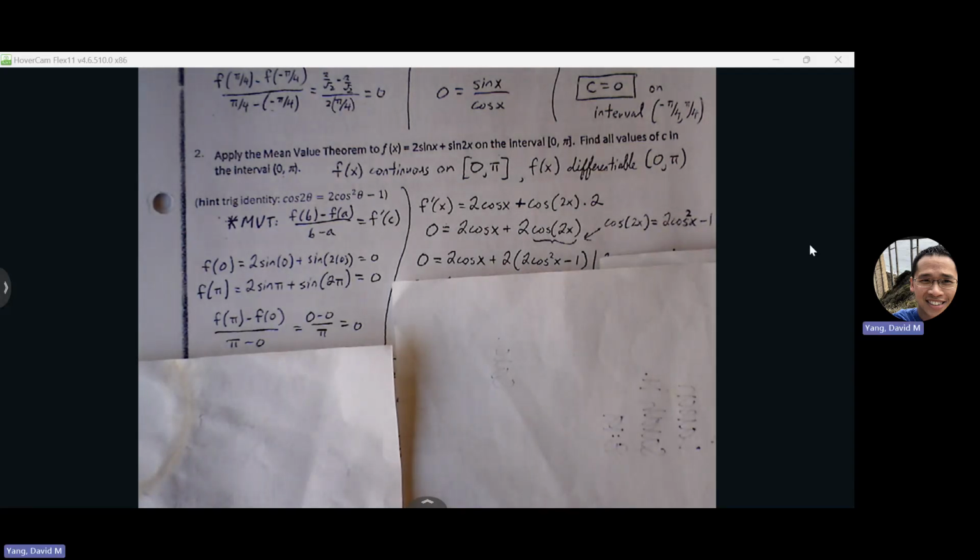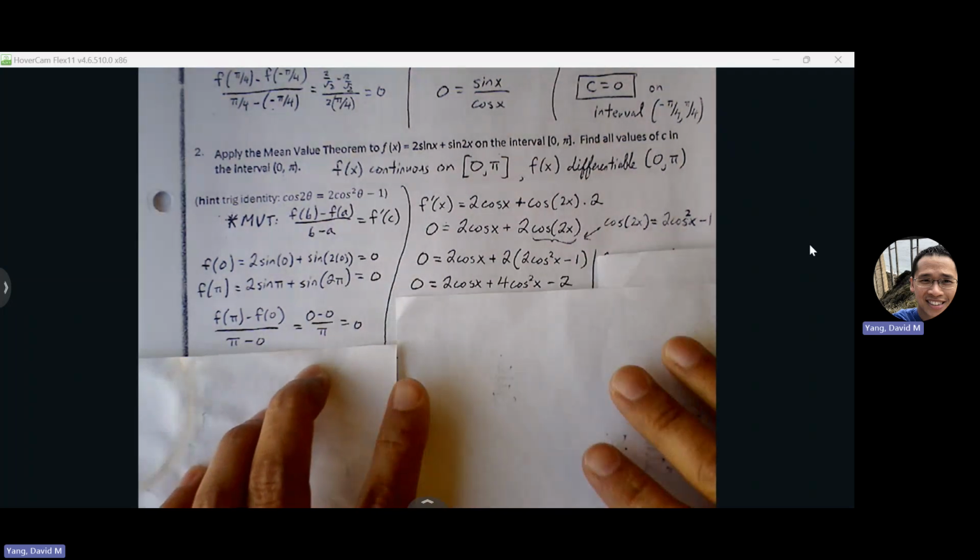Okay, so cosine 2x times 2, the same thing as pulling the 2 out in front as the coefficient. And cosine 2x, we can expand to be 2 cosine squared x minus 1. We can go through a factoring process, making sure that we keep everything together on the same side.